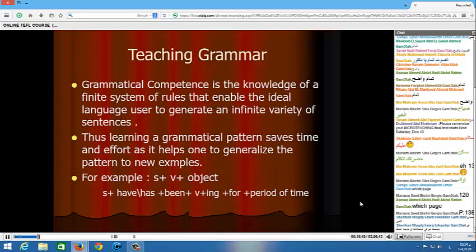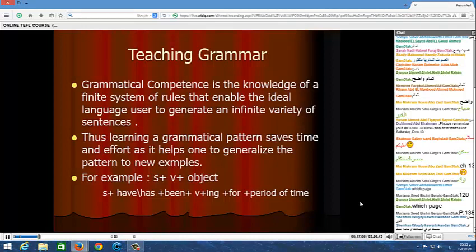So the grammatical rules are finite in number, but they enable us to generate thousands and thousands of sentences. This is what we mean by the flexibility of the language, to generate an infinite variety of sentences.